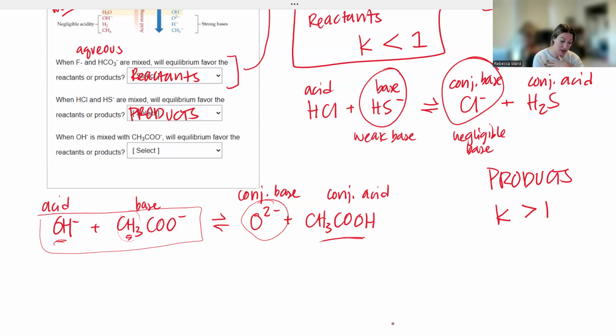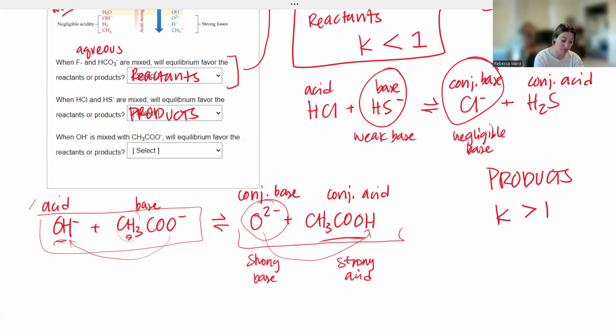Because this is not going to take a proton from OH minus. Or I could think about it, if I put these two together, this O2 minus is immediately going to rip the proton off of that. Okay, so this is my strong base on this side and my strong acid, relatively speaking, to what was our acid and base on the reactant side.